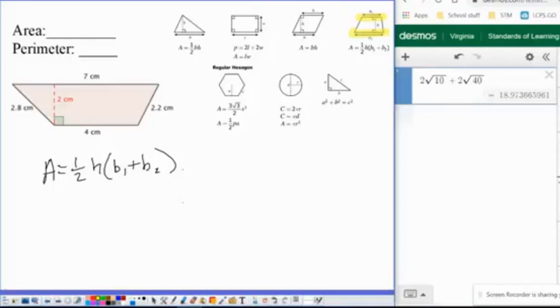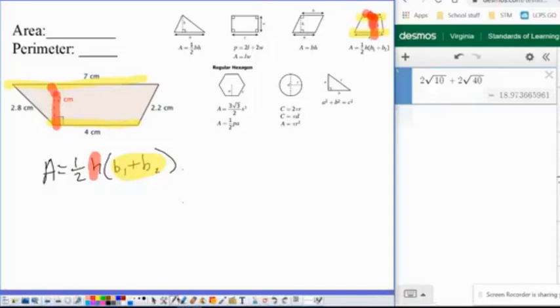It doesn't matter which one's base 1 and which one's base 2 because I'm adding them. So 7 and 4 would create the two bases, and those could be interchangeable. I could have done 4 and 7 or 7 and 4. Now the distance between those two parallel sides, similar to the parallelogram, is going to be the 2 centimeters, and that's going to be the height.